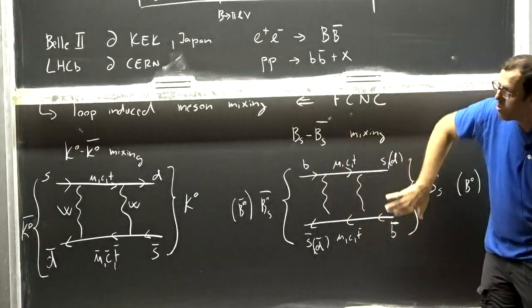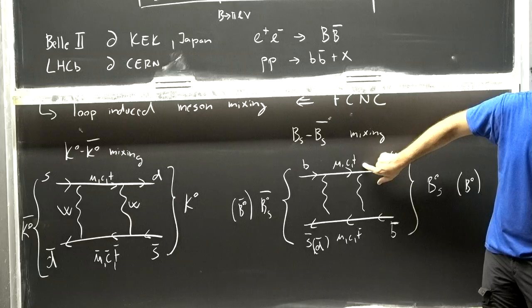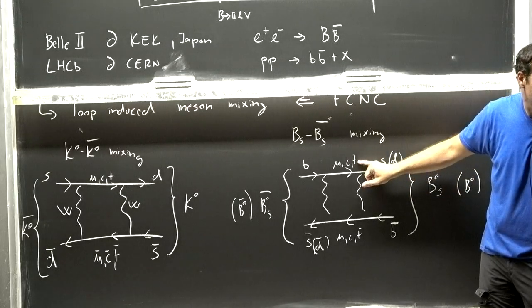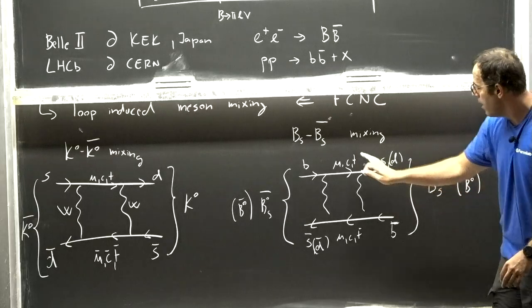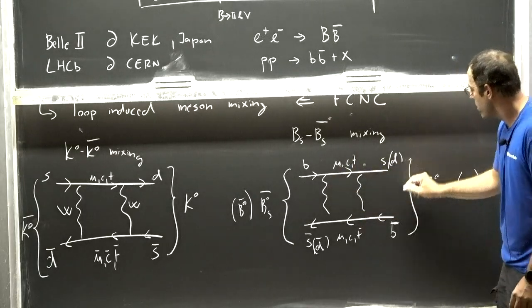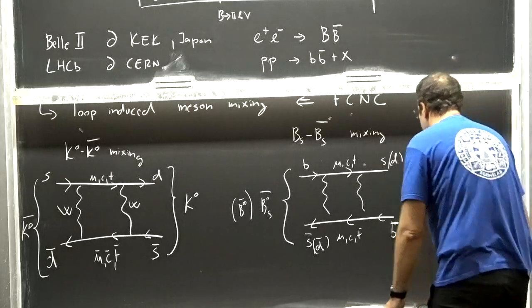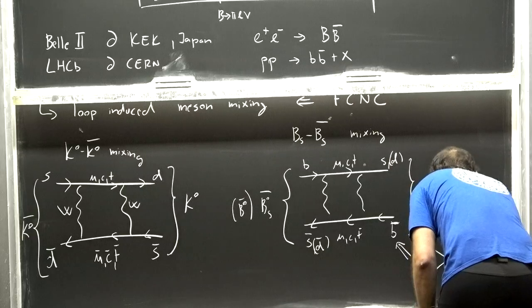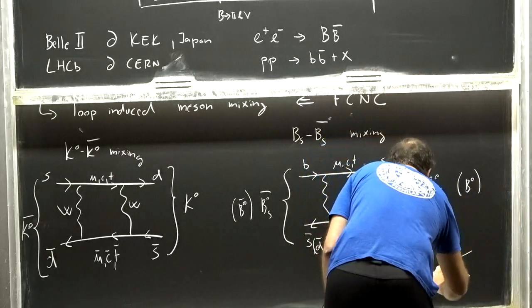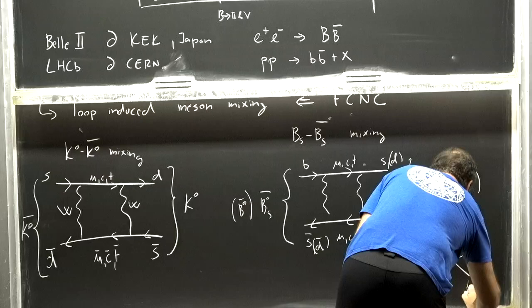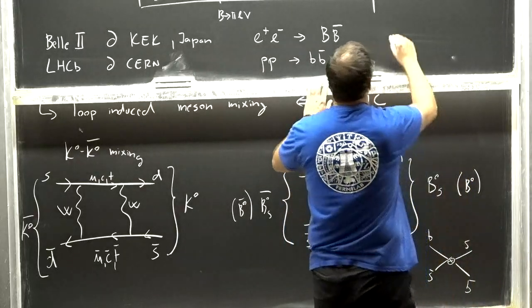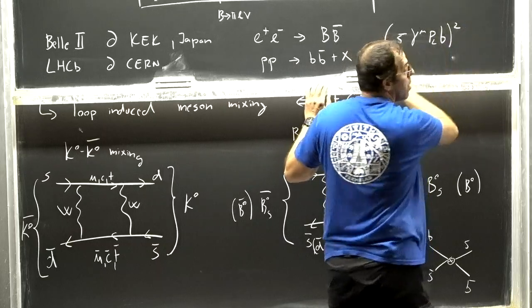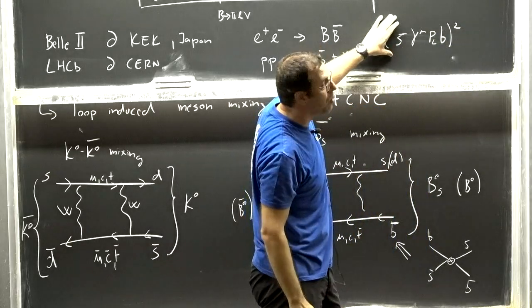So these contributions are dominated by the top quark contribution. Since the top quark is heavy, you can integrate this out. So to a very good approximation, this whole thing is just a 4 fermion operator like this. S bar B S bar B. So it has this structure.